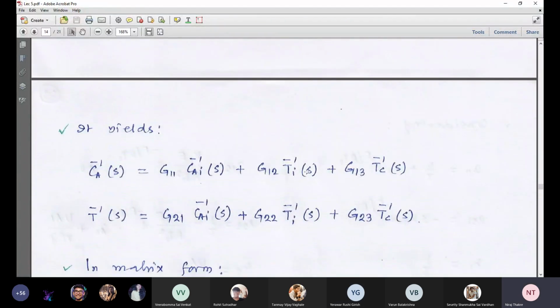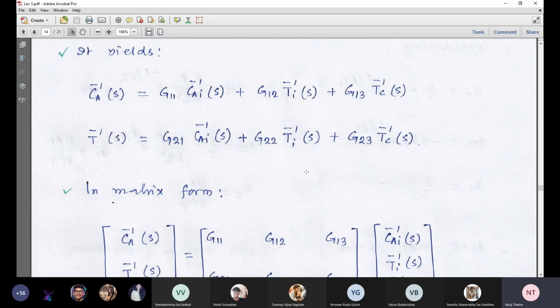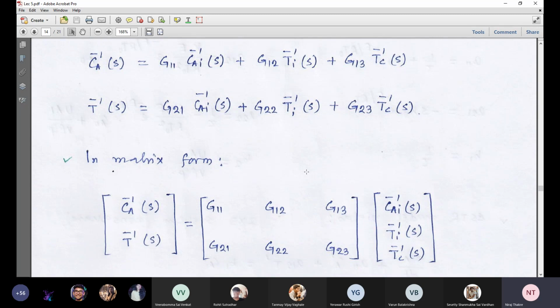Yeah. You see this is a transfer function and this is in matrix form. There is no difficulty to understand this.